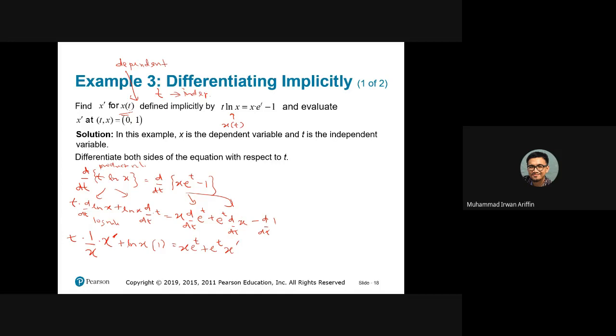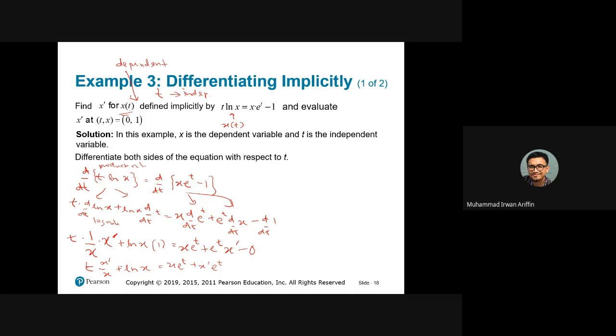When we differentiate x with respect to x, we get 1. And then don't forget, there is a t inside here, so we have x prime, minus 0. So we have t x prime over x plus natural log of x equals x e^t plus x prime e^t.